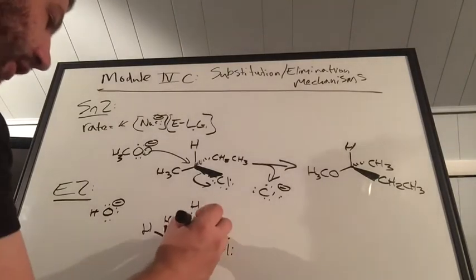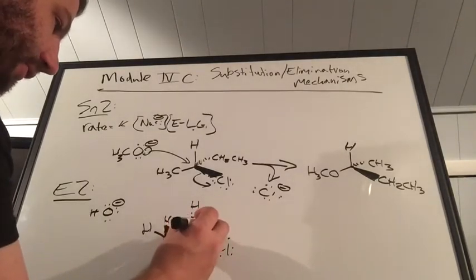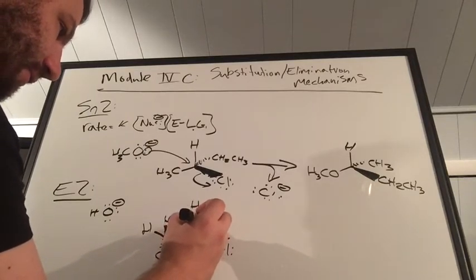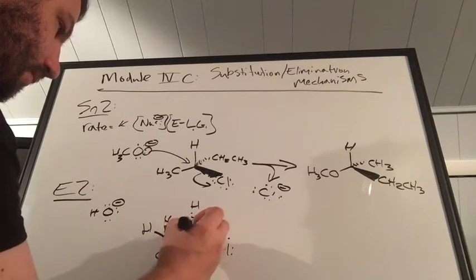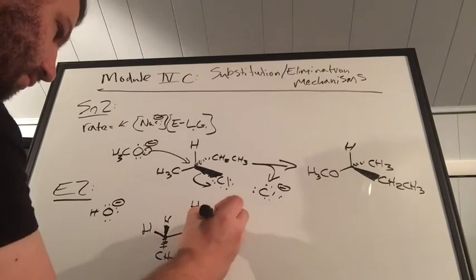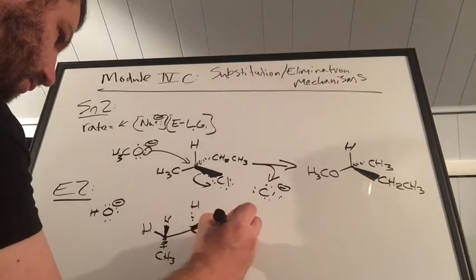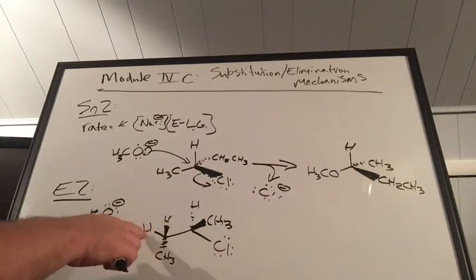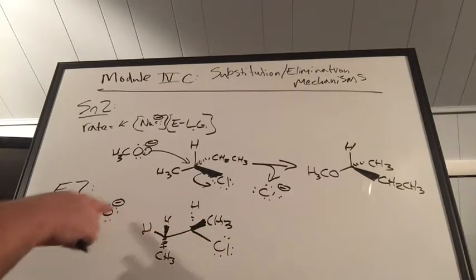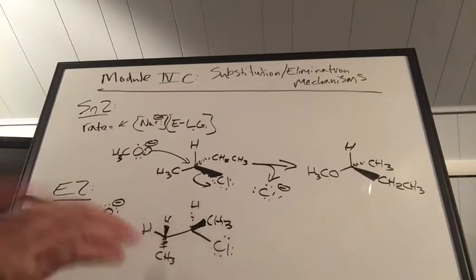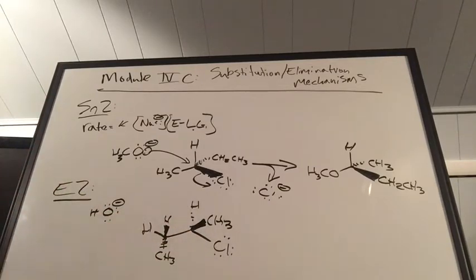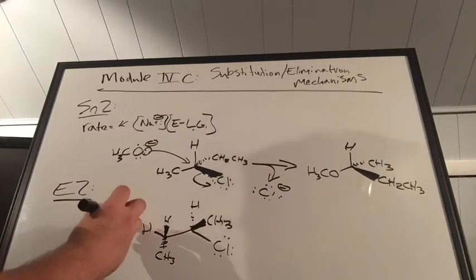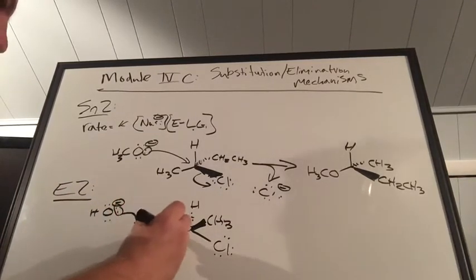And then in the front, I don't know, we'll say we have another CH3 group. Okay, so just remember that this hydrogen that needs to get plucked off and this chlorine need to be anti to one another in order for an E2 mechanism to transpire and you get the right stereochemistry.